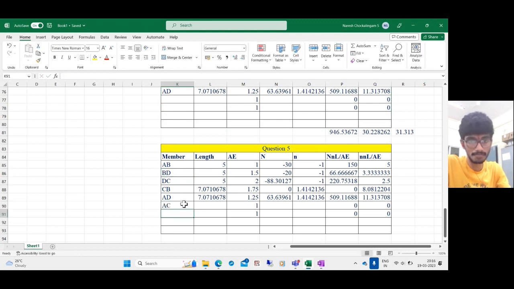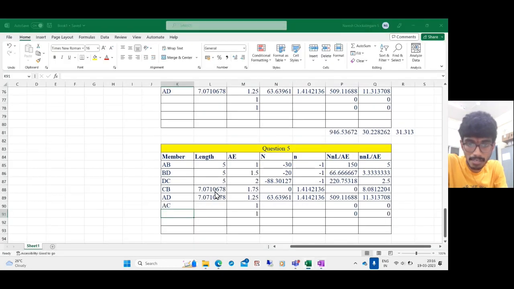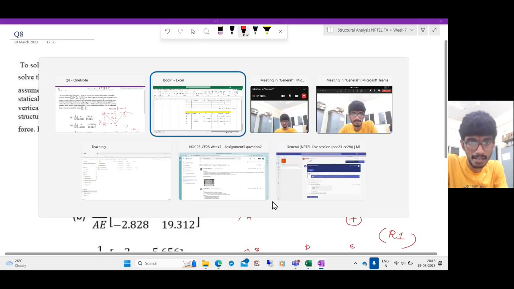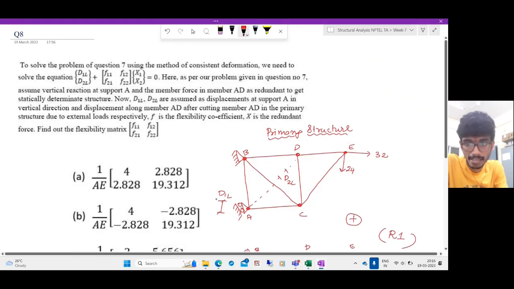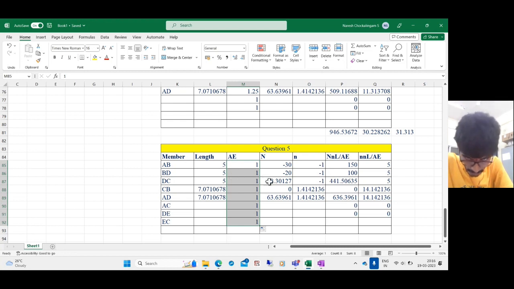And then BC, we have AD, and then DE and EC. And all of them have the same cross-section properties.